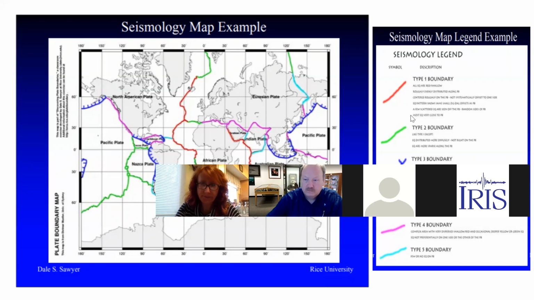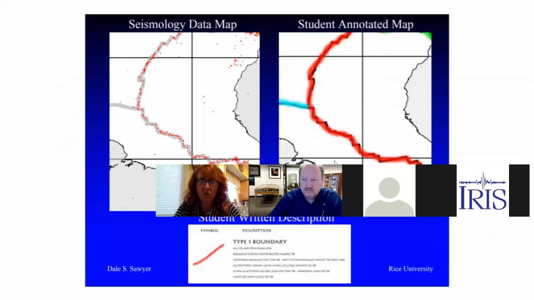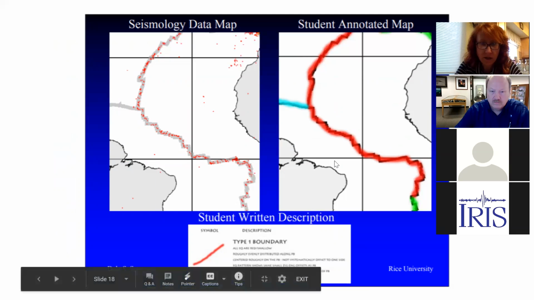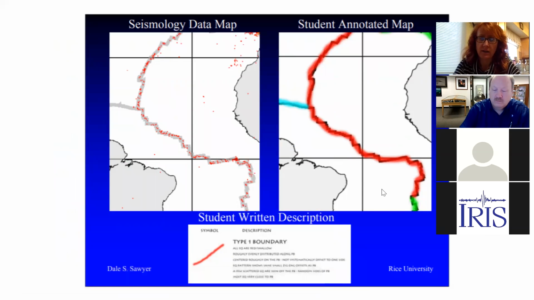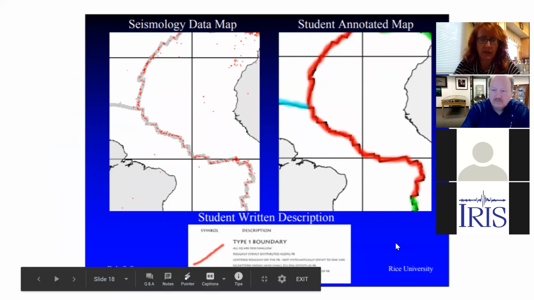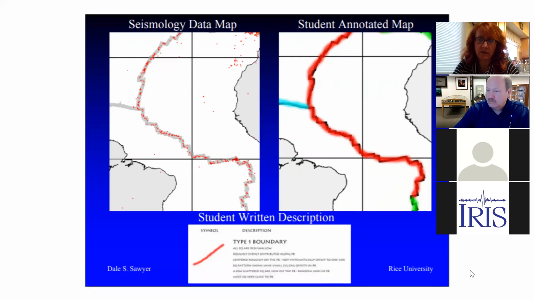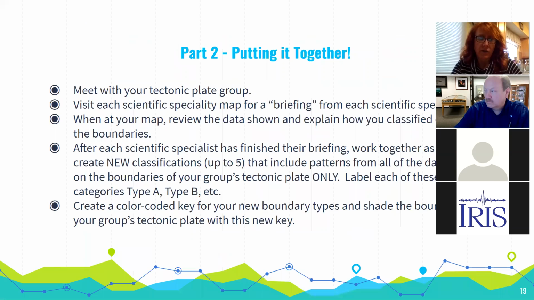This is a close-up of one of the boundary types, a student annotated boundary type. It's still hard to read here, but essentially they're color coding what they are noticing as similarities in patterns in the data. So part 2 of this activity is putting it all together.